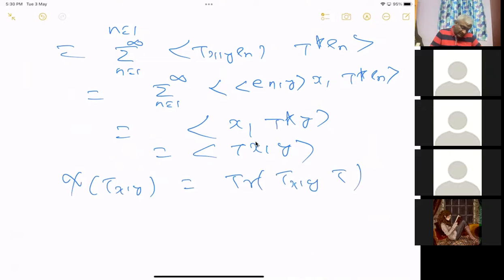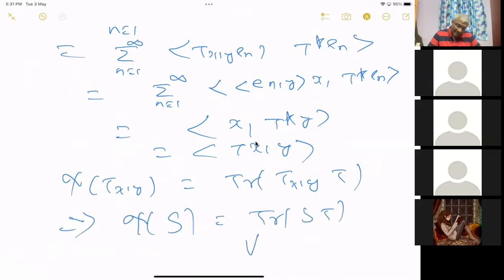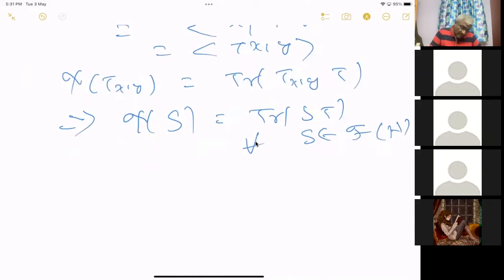So hence this implies chi of S is equal to trace of S T for all finite rank operators, right? Finite rank operators are linear combinations of rank 1 operators, right? For any finite rank operator F in F(H).